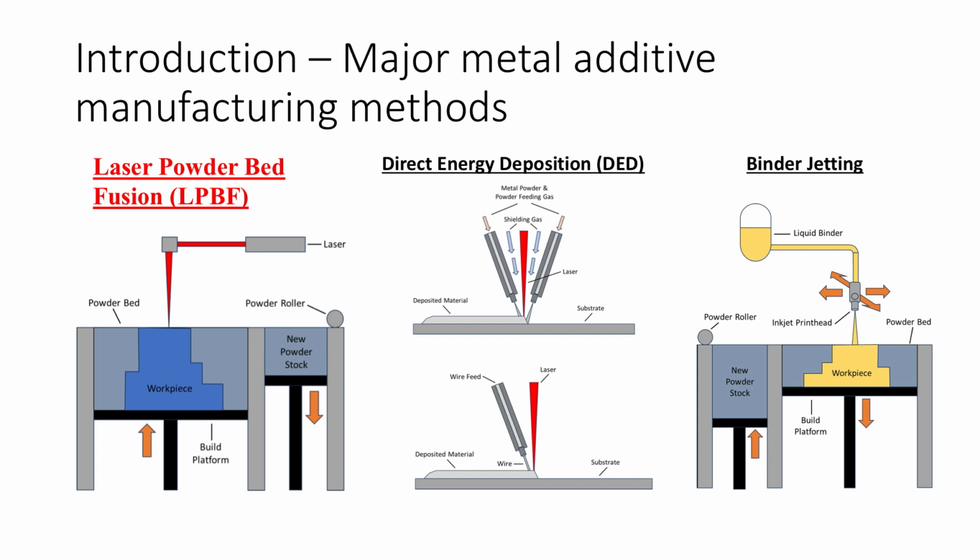And in a similar way, the table is going to go down. We are going to bring more powder here. We are going to create a new layer, and we are going to put the liquid binder at the proper locations to create our part.